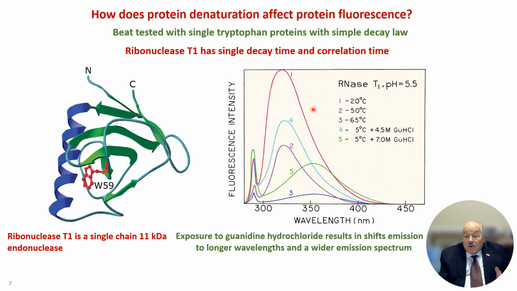And if you take it all the way to the denatured state, you shift all the way out from 320 to 350. So there's no doubt you can say something about the protein conformation and how it folds or unfolds by the shifting of the tryptophan emission.